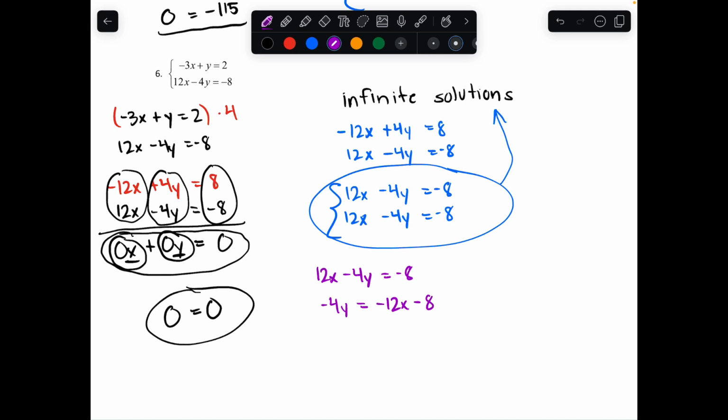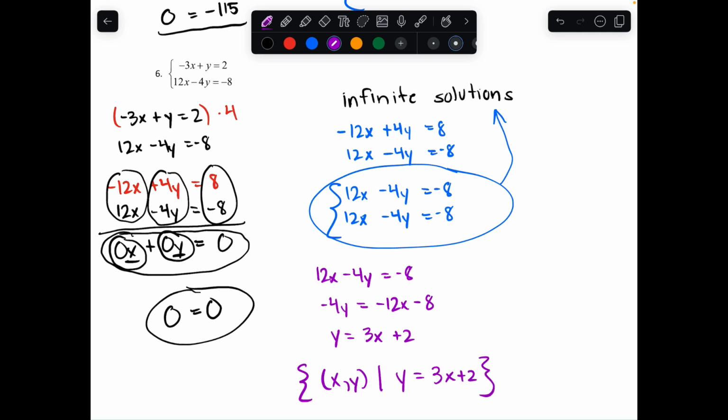So we have y is equal to 3x plus 2. So this equation that I have in my system is really the equation of a line with slope 3 and y-intercept of positive 2. So it turns out any point along that line is actually a solution to my system of equations. So I can represent this in set builder notation as the set of all x and y such that y is equal to 3x plus 2.